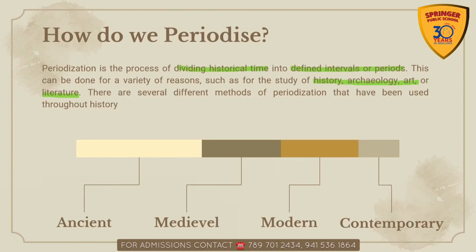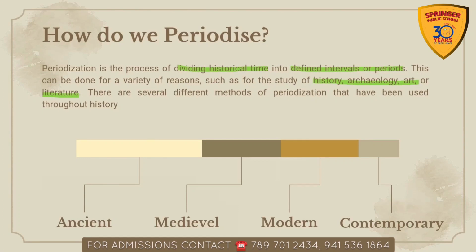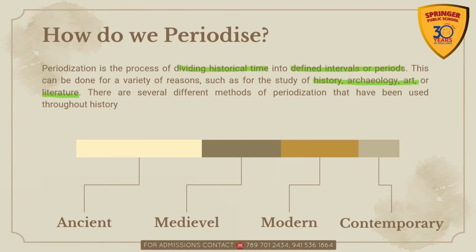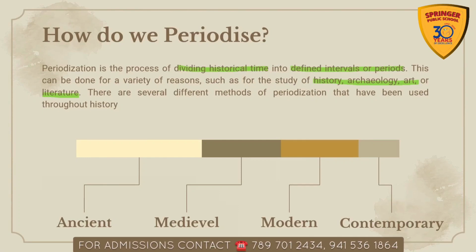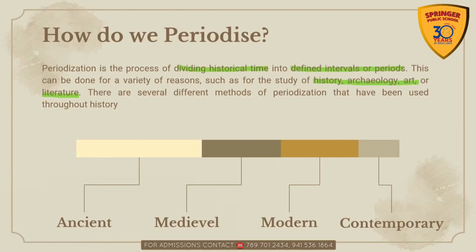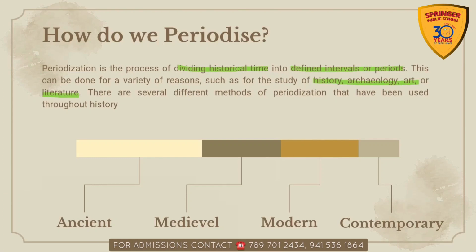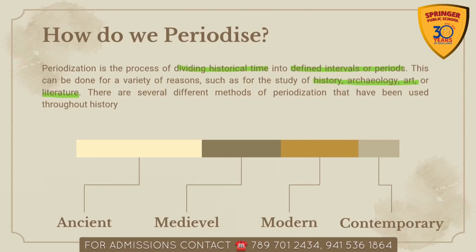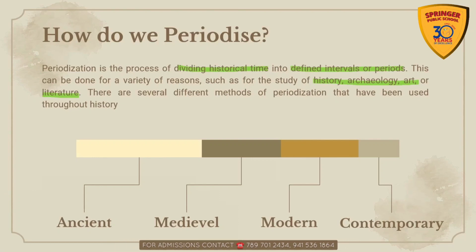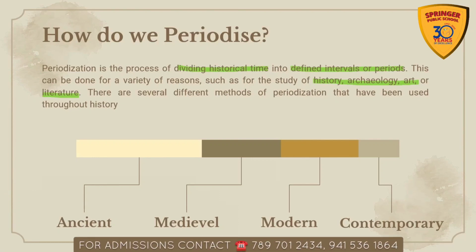There are several different methods of periodization that have been used throughout history. One common method is to divide history into political or economic periods, such as the medieval period or the Industrial Revolution. Another method is to divide history into cultural or artistic periods, such as the Baroque period or the Renaissance.